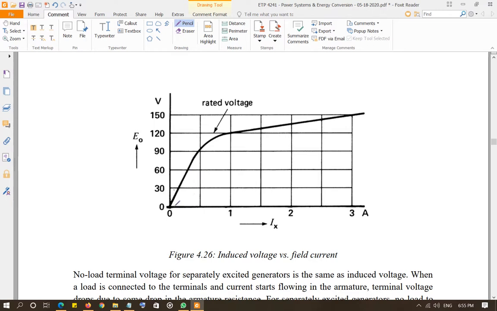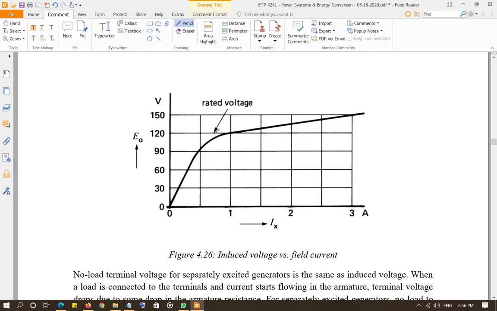As you can see over here, initially the magnetism is still increasing, and the induced voltage is still increasing because it depends upon the flux that has been produced by the magnet. Eventually, as you keep increasing the field current, the dipoles will start having alignment, and it starts saturating. It's not going to increase as fast as it was increasing initially.